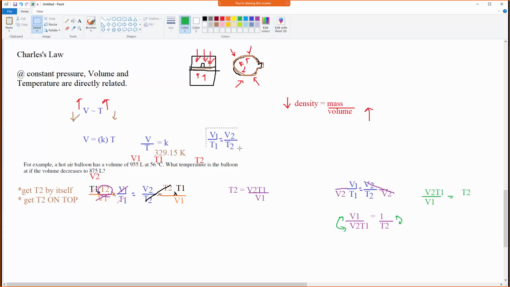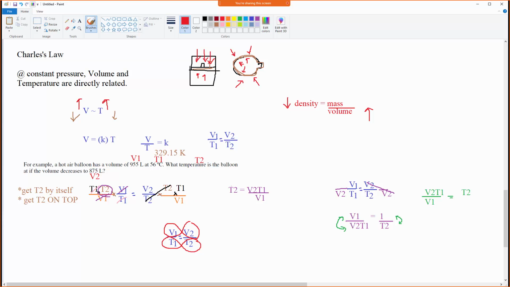Now, many of you will be familiar with this next method. I'm just showing you different methods. I don't care which one you use, but I want you to pick one that feels the most comfortable to you, and stick with it. Because if you're more comfortable with it, then you're less likely to make a mistake, but they're all totally fine. This method is cross multiplication, and it's used to get rid of the fraction altogether before you even get started.